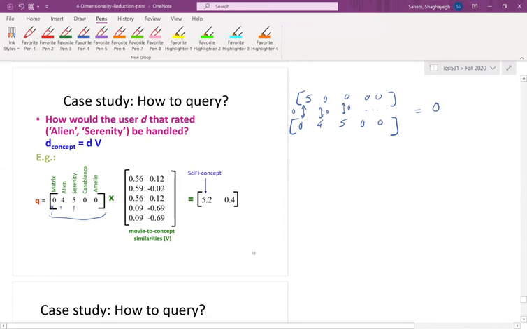But then I know and you know that this person and this person both like sci-fi movies. Can SVD help us with that? Yes, it does. So, for example, if we map this user from the original movie space into the concept space, again by multiplying by the movie-to-concept similarities V, we will get this concept vector, 5.2 and 0.4.